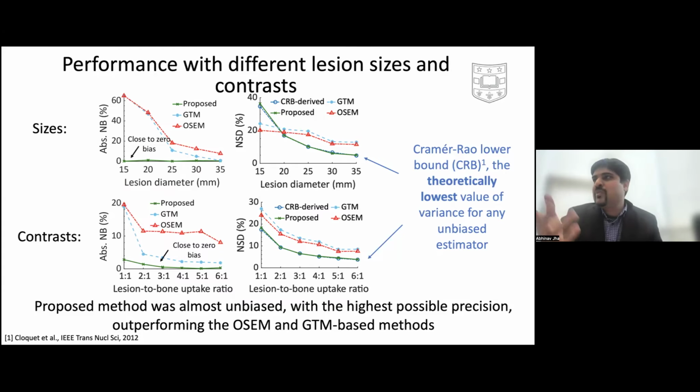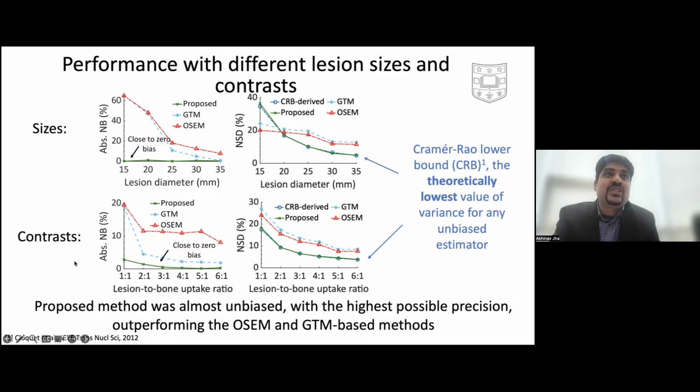If you don't know what the Cramer-Rao bound is, think of it as the absolute best that you can do. Because you have noisy data, you cannot get zero variance; you'll have some variance. The Cramer-Rao bound tells you that if I have an unbiased estimator, what's the best variance that I can get? And with our method, we get variance that really approaches the Cramer-Rao bound.